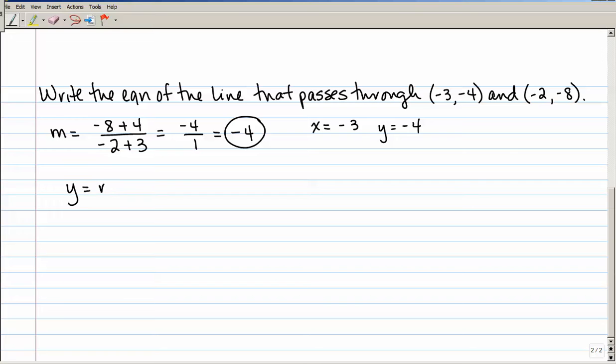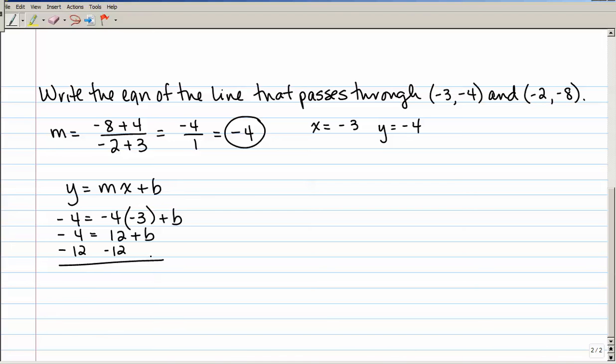So plugging that into y equals mx plus b, -4, that's my y, equals -4, that's my m, times x, which is -3, plus b. And solving for b, -4 equals 12 plus b, and subtracting 12 from both sides, b is equal to -16.